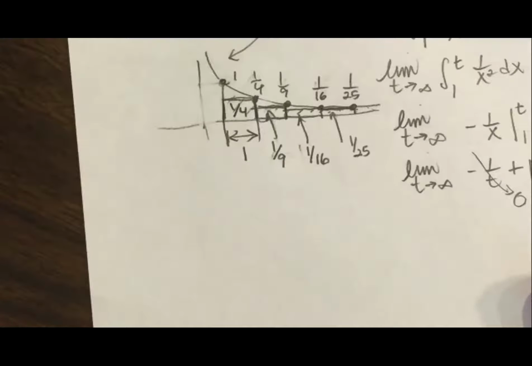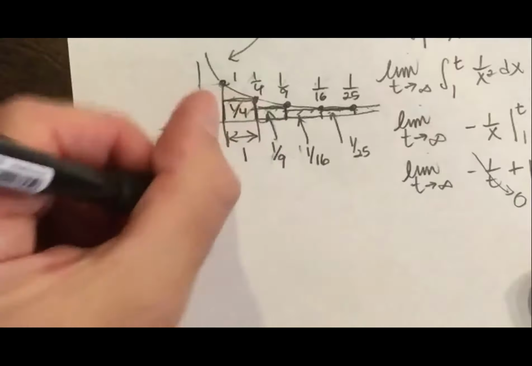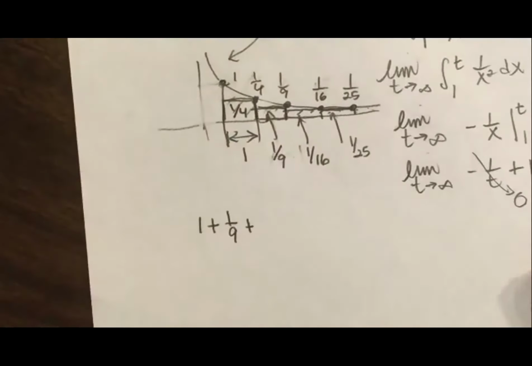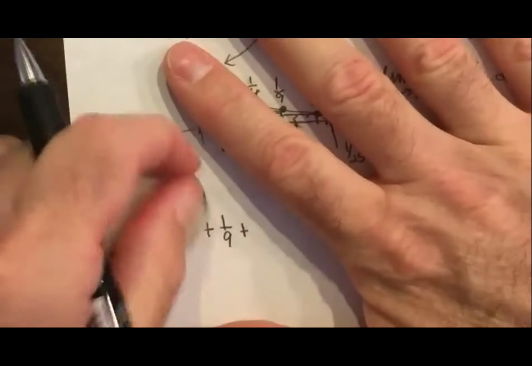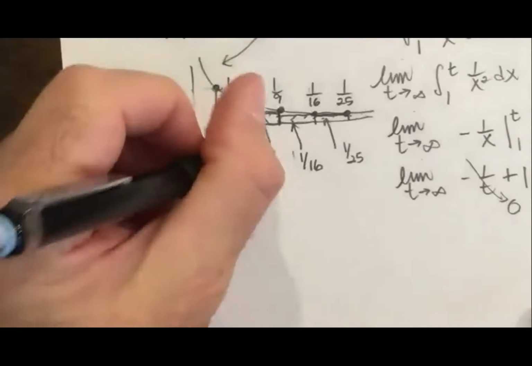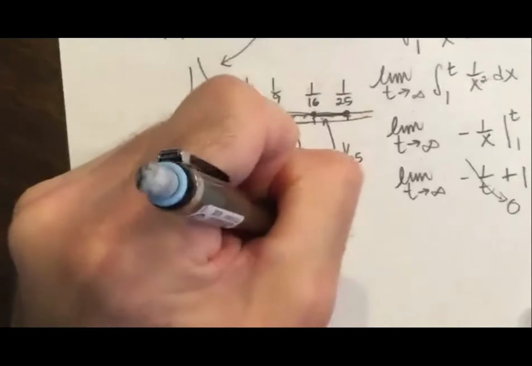Okay, so what if I add up all these rectangles? I would get 1/4 plus a ninth plus a 16th plus a 25th, and I would keep going.